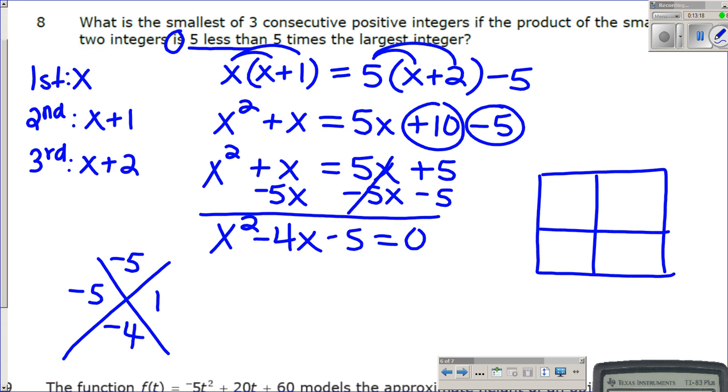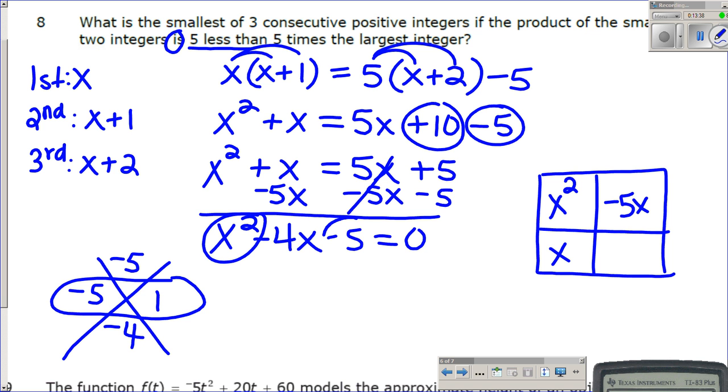So in our box, we're going to use our x squared. We are going to use the 2 numbers we found from our x table, the 2 side numbers. So we're going to use our negative 5x, our positive x, and our constant. You always keep this first term and this last term in your box in negative 5.